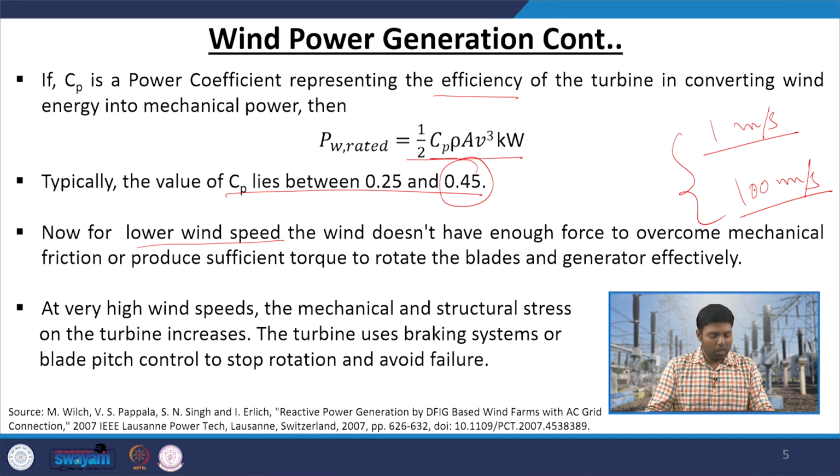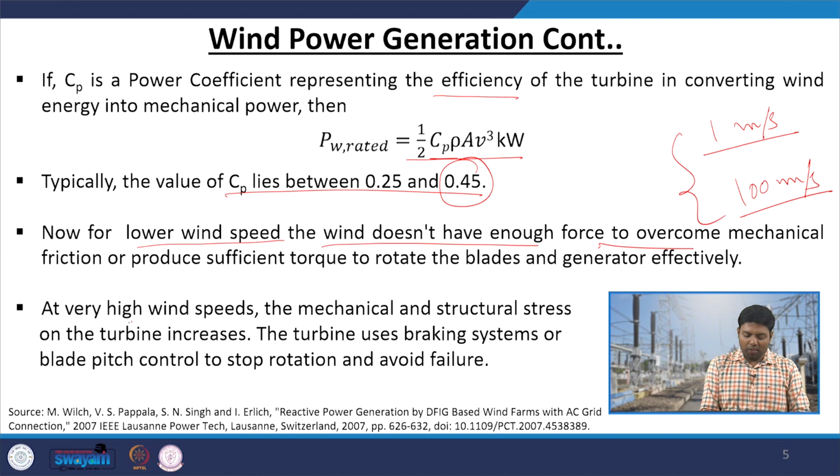No, because if your wind speed is very low, the power you are generating is lost in your mechanical devices. It cannot recover the amount of friction loss you have in your mechanical arrangement. So, you will get close to zero power output from your wind turbines.